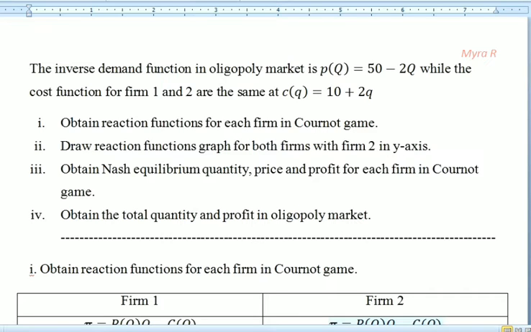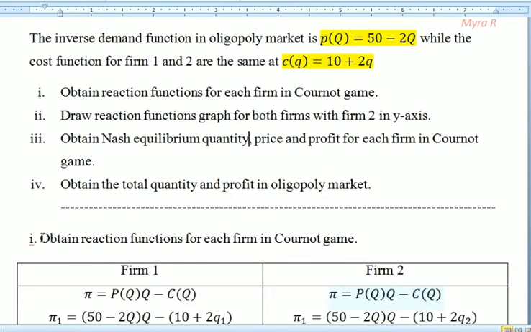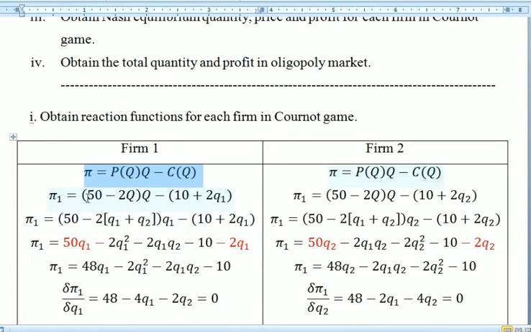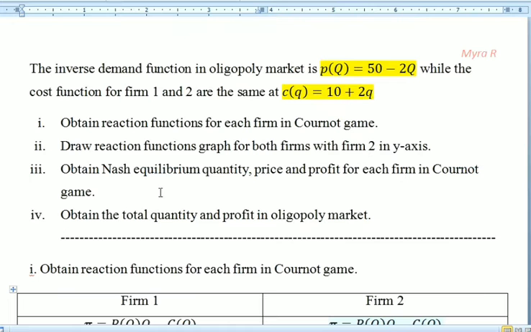For the first question, we are going to obtain the reaction function for each firm in the Cournot game. With the price and cost given, we rewrite into the profit function, where profit equals the price multiplied by quantity minus the cost. So we rewrite the price, 50 minus 2Q, multiplied by Q, minus the cost, 10 plus 2Q.